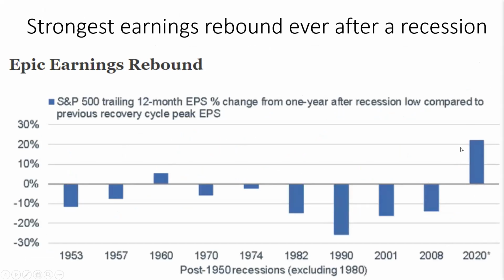And what you can see is this 2020 earnings rebound is unprecedented, which is a word that's been used unprecedentedly over the past year or so. Since the post-World War II era, you haven't had any rebounds of this magnitude. First of all, it's very unlikely that you have a positive rebound 1 year after a recession, and even more so to have this much of a positive 20% rebound. So bear in mind this is very exceptional and is due to the fiscal policy and the monetary policy combined. So don't get used to it.